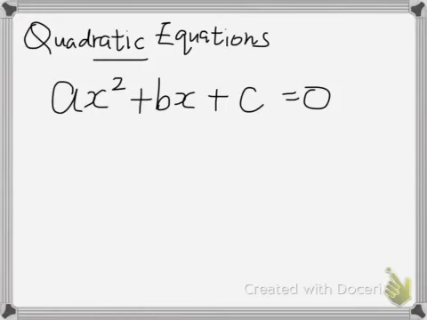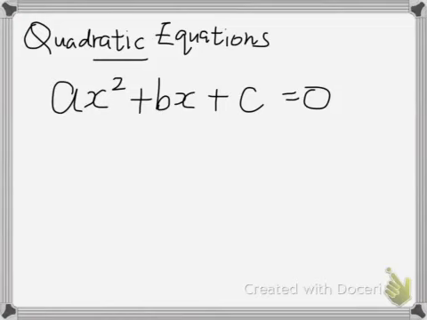So once you identify what a, b, and c are, they don't change for this particular equation, but x still changes at all times. That's why we differentiate these two: x is the variable, but a, b, c are constants.